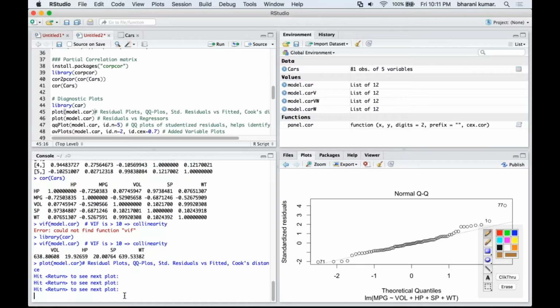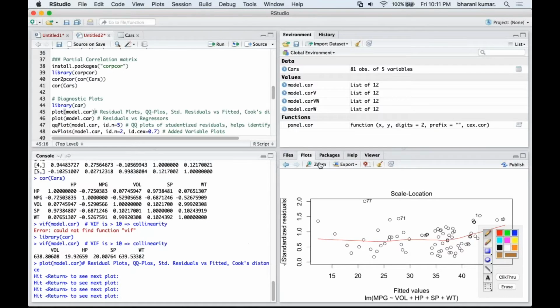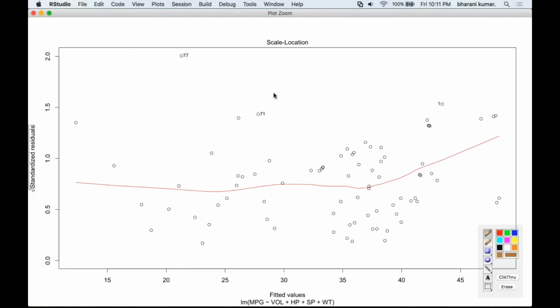Now let me enter. I'm also standardizing the errors. I think I have to also explain what standardization is. So I'm standardizing errors for now. Just remember that I'm making it unitless. When we standardize, we are making it unitless. I think yesterday I discussed this during PC, I believe.